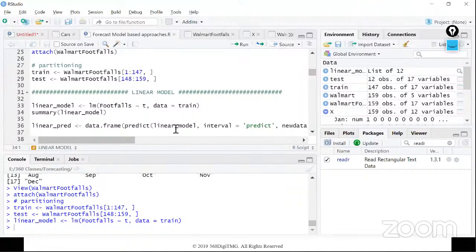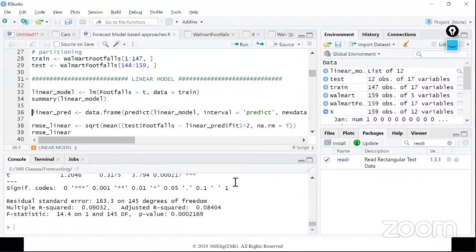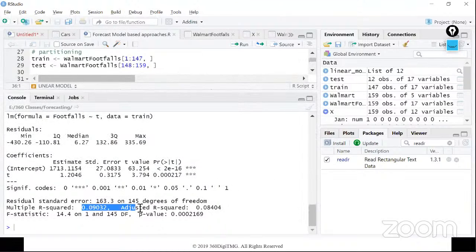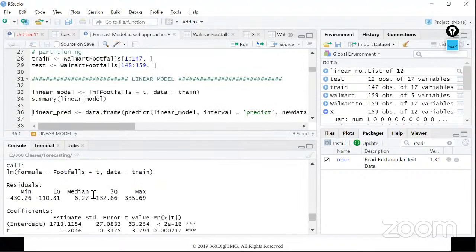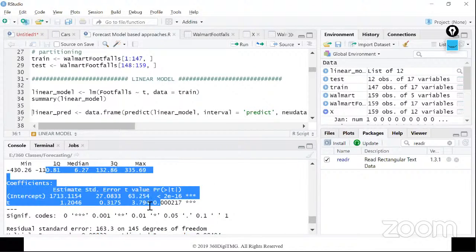When I run the model with the train data and look at the summary, the R square is 9%, very, very low. The p values are all right, but the R square is very low. But I am not interested in all these things. I am least bothered about them.